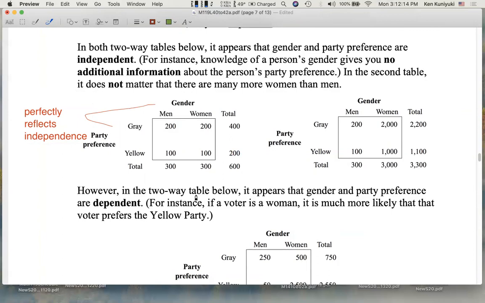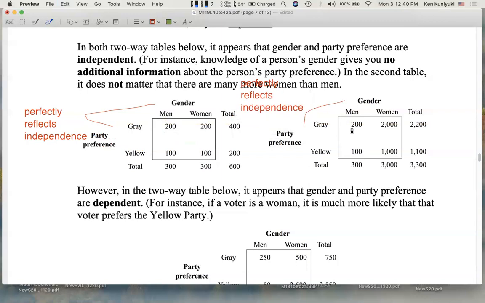Now here, we had equal numbers of men and women, but you didn't even have to have that to be the case. For example, here, this might be the ancient Amazons. There were literally 10 times as many women as men in this sample here, okay? But still, we have independence. Again, this table here perfectly reflects independence.